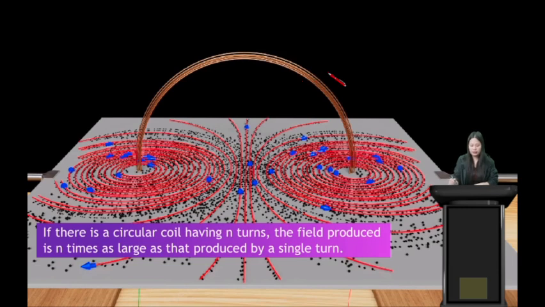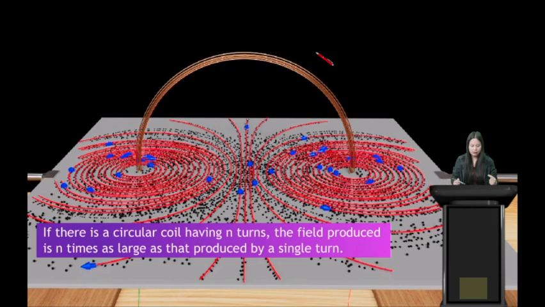So suppose we increase the number of turns of this circular loop by 10. Suppose we have 1 turn and 10 turns of the circular loop. Then the magnetic field produced by the circular loop having 10 turns will be 10 times stronger than the magnetic field produced by a circular loop with a single turn.